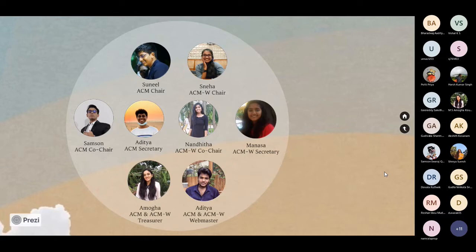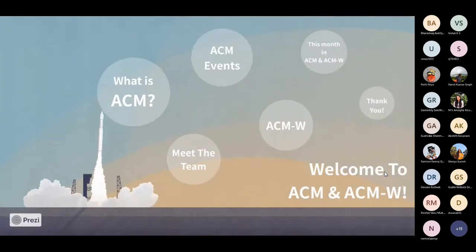We have Manasa Ganesh, who's the ACM-W secretary. Then we have Amogha, who's the ACM and ACM-W treasurer. And we have Aditya Gudivaka, who is the ACM and ACM-W webmaster. So the speakers for today's events will be Sunil, Manasa, Aditya Gudivaka, and Sneha. And the moderators are Nandita, Samson, and Amogha. Over to Aditya Gudivaka, who will be giving us a better insight about the events we have at the ACM chapter ASEB.